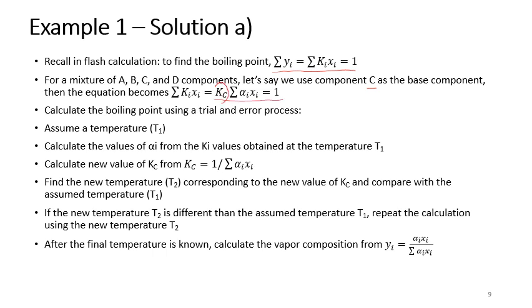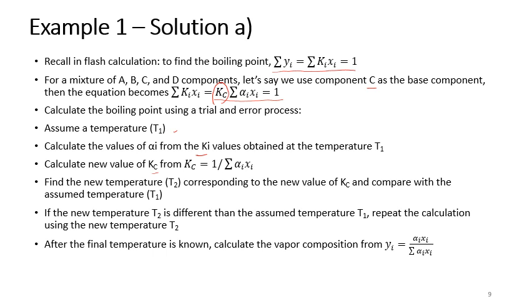So you have Kc as the constant outside. Calculate the boiling point using a trial and error process. You have to assume the temperature, and then you calculate the K values from that temperature. Then you calculate the new K value of C, and then you find the new temperature. If the K value of C is a lot different from the initial guess, then you repeat until the temperature is not that much different anymore.